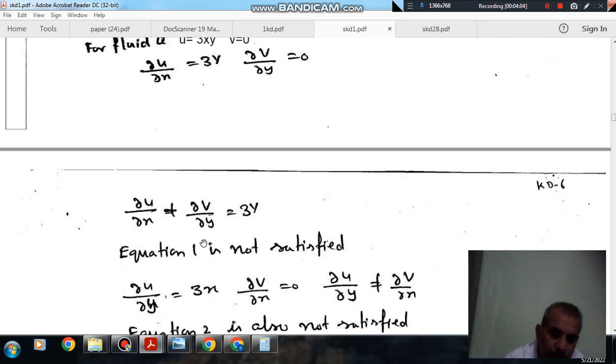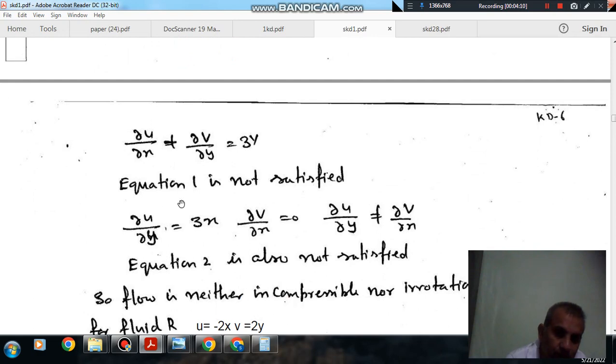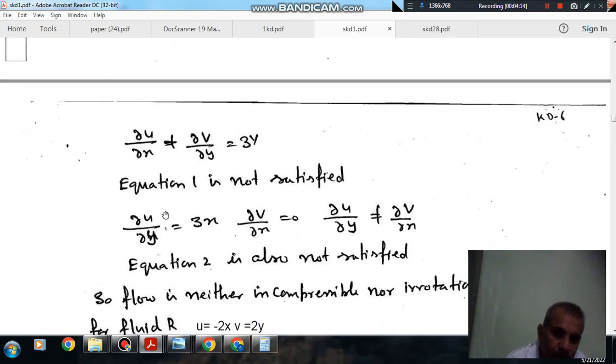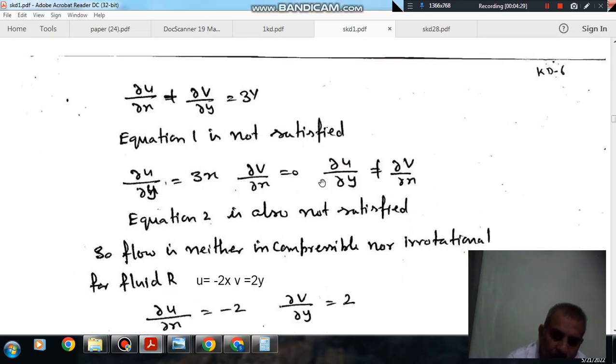So this is not an incompressible flow. Also, if we find out ∂u/∂y, it is 3x, and ∂v/∂x is 0. So this is also not satisfied. ∂u/∂y is not equal to ∂v/∂x. So it is neither an incompressible flow nor an irrotational flow.